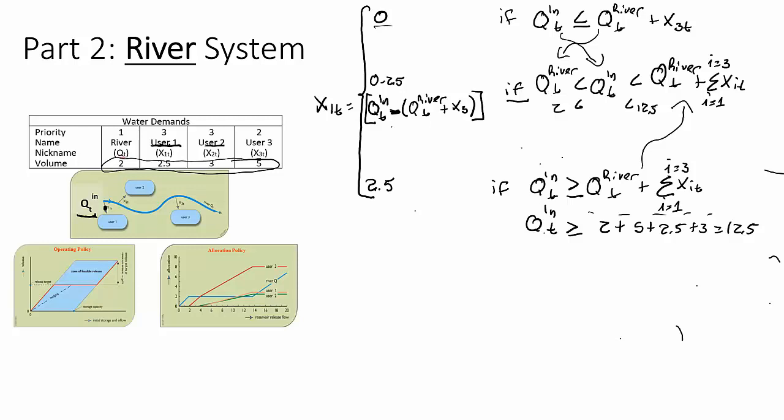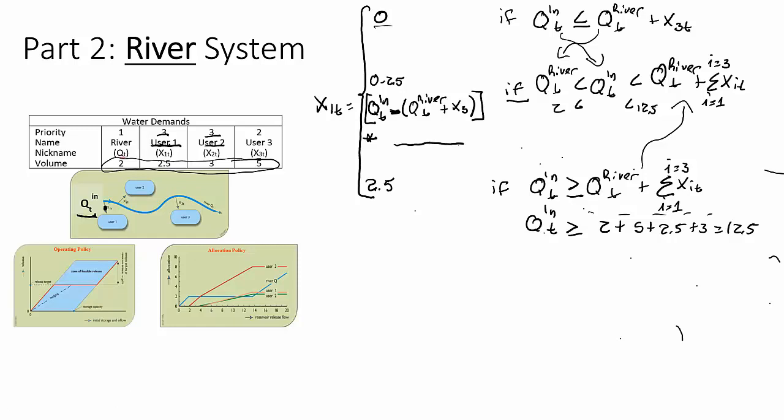That excess of water will have to be divided in the same share, because they have the same priority. So if user 1 receives 20% of their allocation, user 2 will receive 20% of that allocation. If user 1 receives 50% of that 2.5, user 2 has to receive 50% of 3 units of water. How can we estimate that share? Well, it's actually pretty simple.